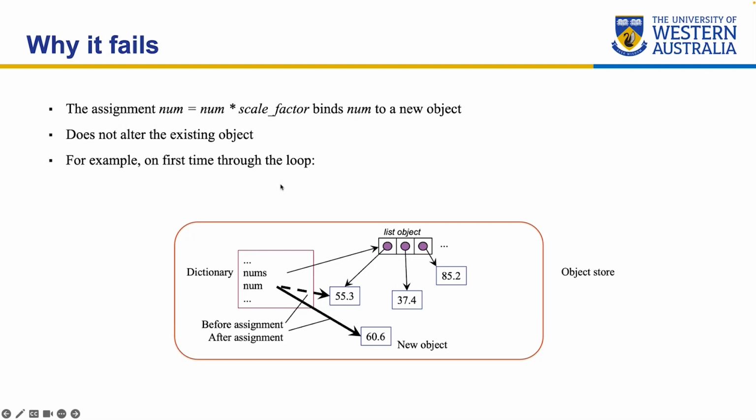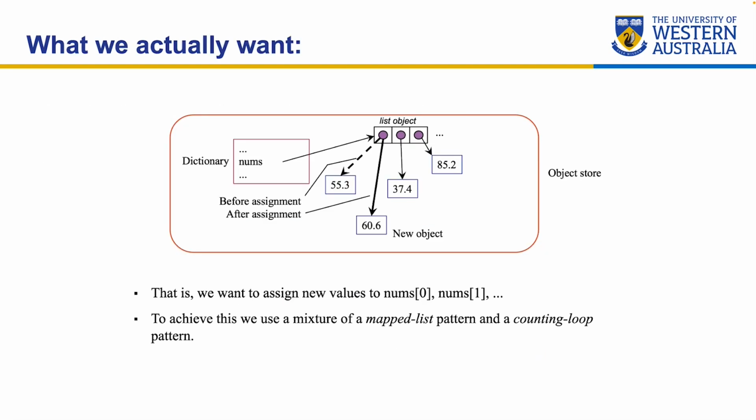Hence, when we finish the scaling function and then try to print out the original nums list, nothing has changed inside the nums list. And this is a typical aliasing problem.